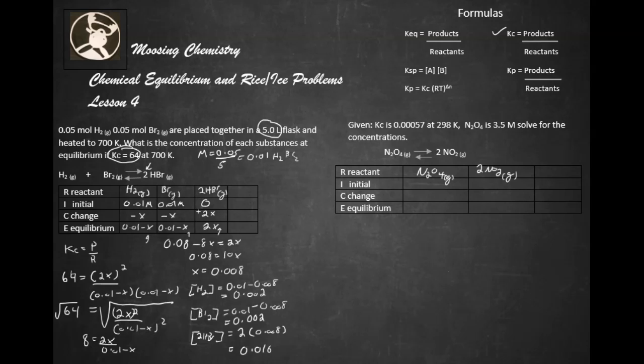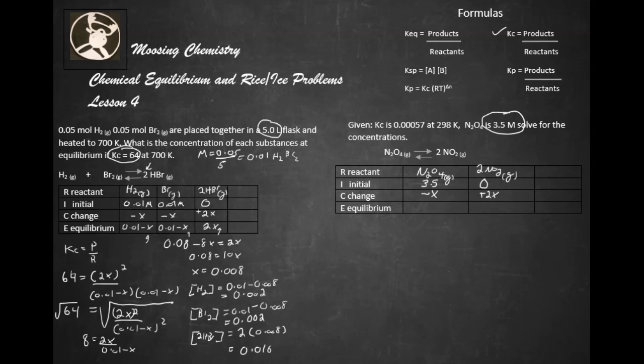Our initial concentration for this is going to be 3.5 because it tells us that it's 3.5. And our initial concentration for our product is 0 because nothing's been done. Our change is going to be minus x, and this is going to be plus 2x.